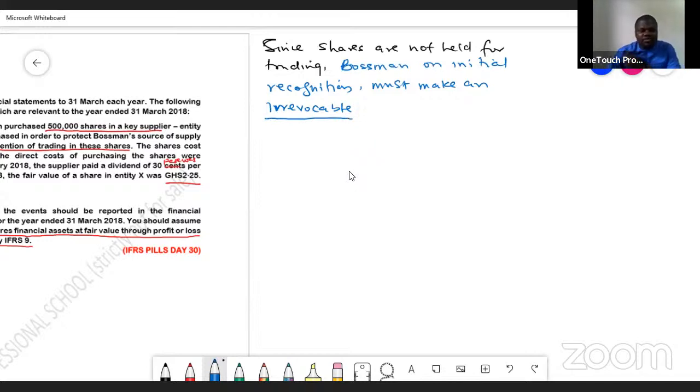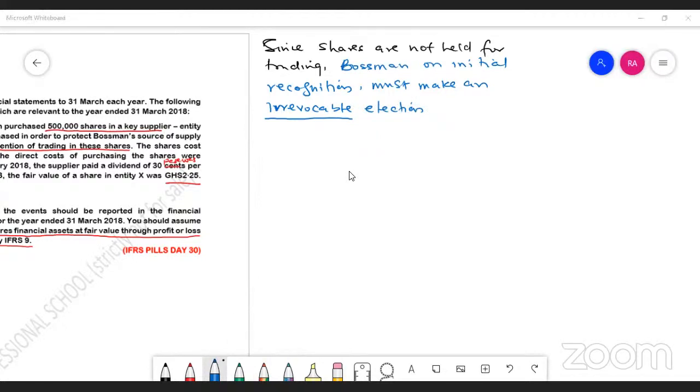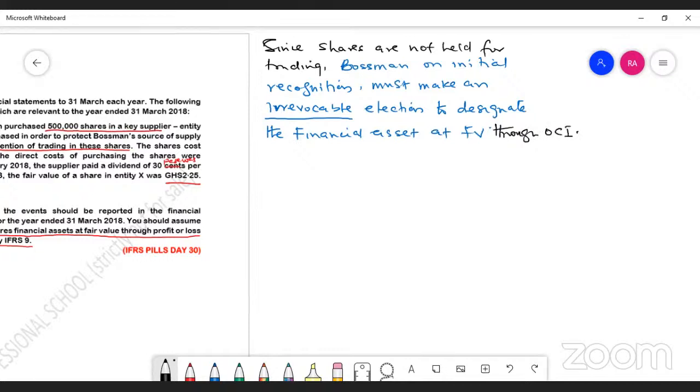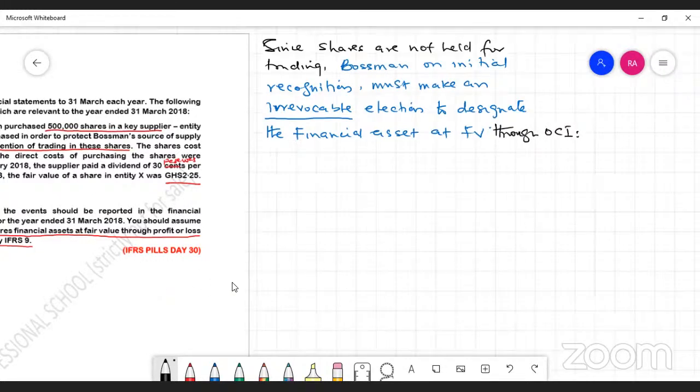Must make an irrevocable election to designate the financial asset at fair value through OCI. So let's look at the initial amount to recognize.